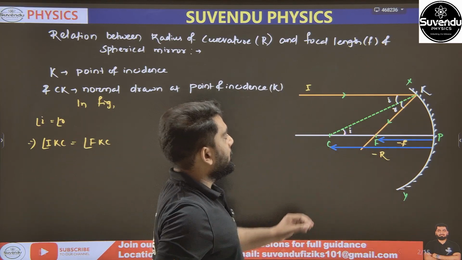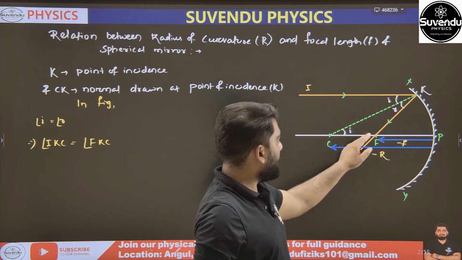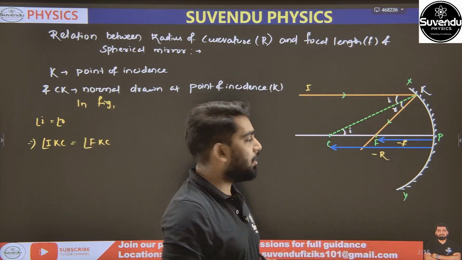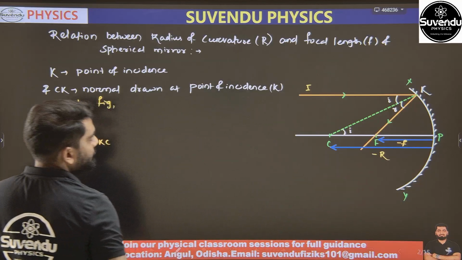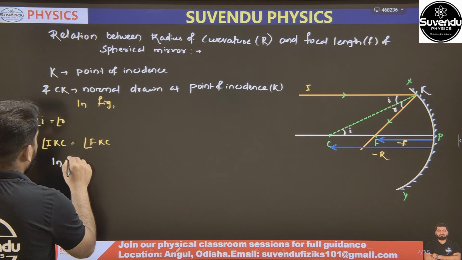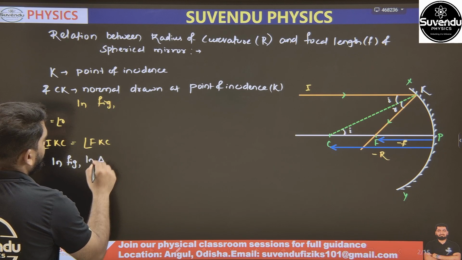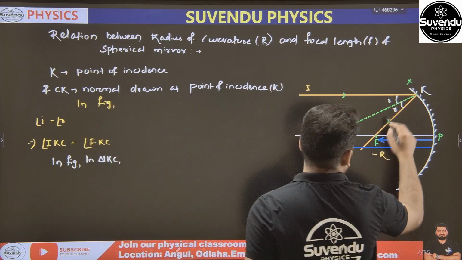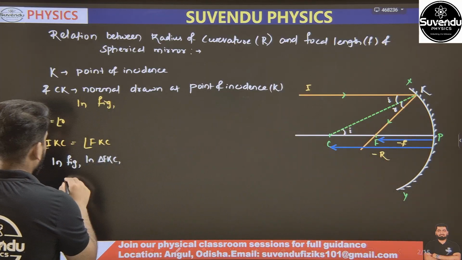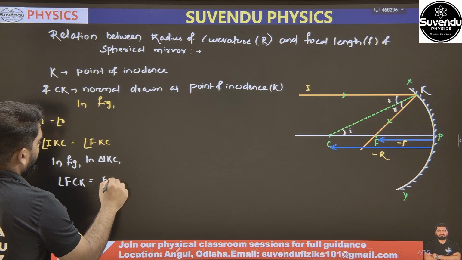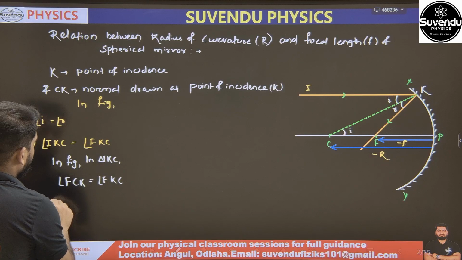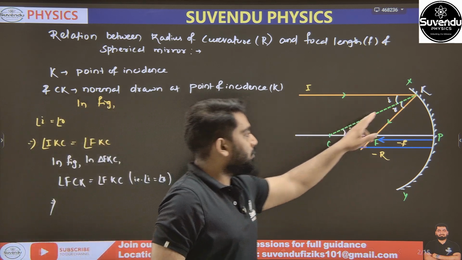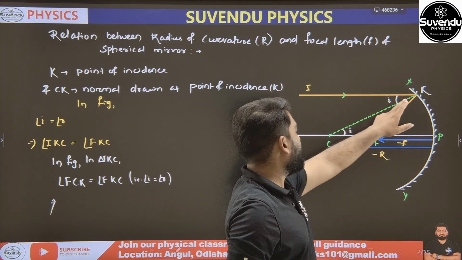Okay. So now you can see in triangle FKC, these two angles are equal, angle i is equal to angle r. So their opposite sides will be equal. So in the figure, in triangle FKC, these two angles are equal: angle FCK is equal to angle FKC, which implies angle i is equal to angle r. Then if these two angles are equal, their opposite sides are equal, so FK is equal to FC.